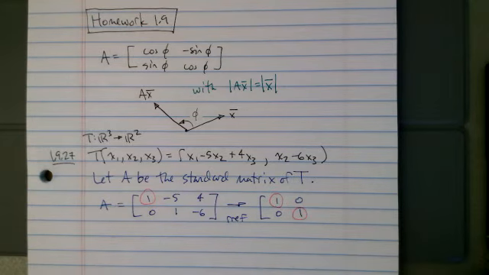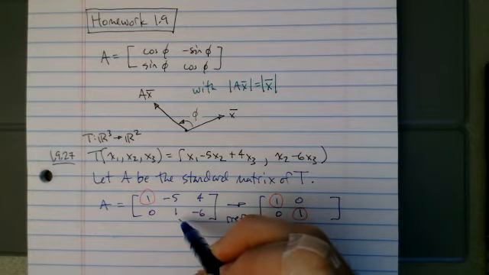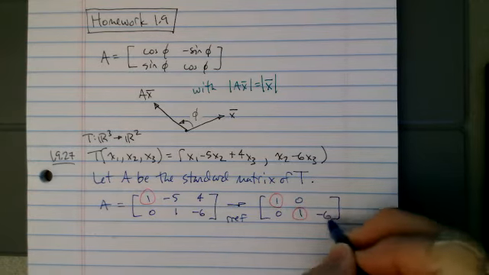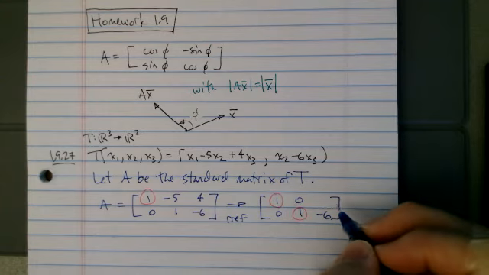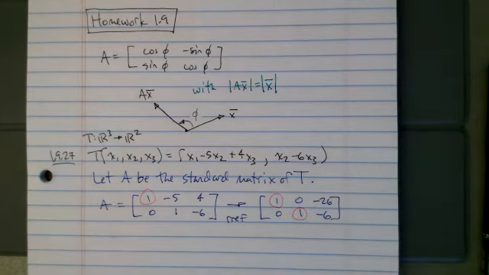Then the third column is not going to be a pivot column because we're out of pivots. Actually, we can easily find that. So we got 5 times the second row plus the first row. So 5 minus 5 is 0. And then negative 30 and 4 is some number. Negative 30 plus 4 is negative 26. It doesn't matter because we knew we were not going to get a pivot in the third column because we're out of pivots.